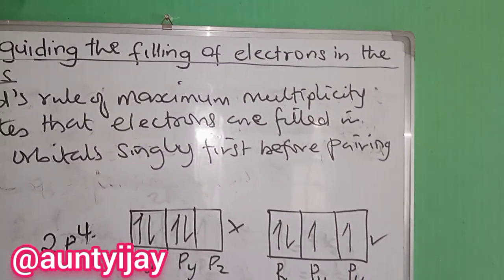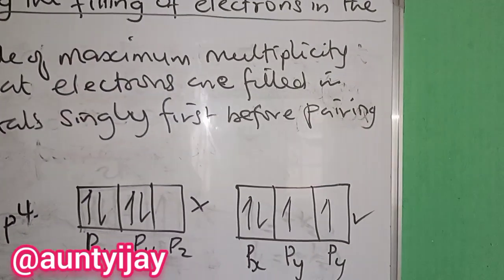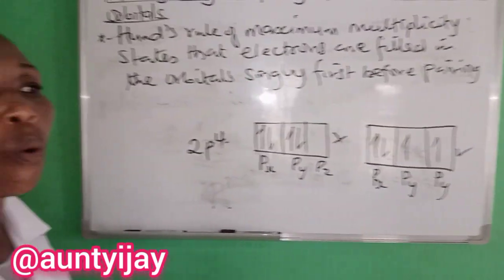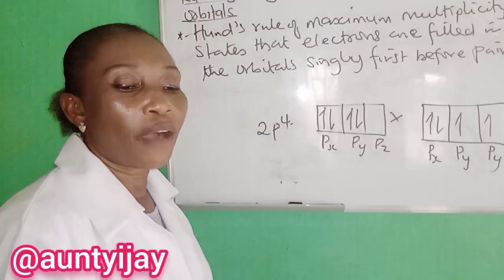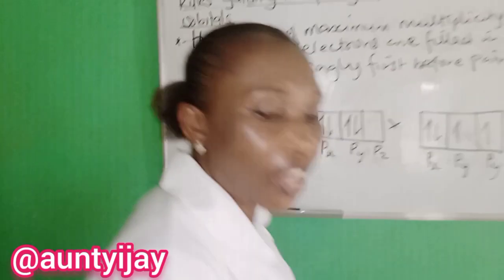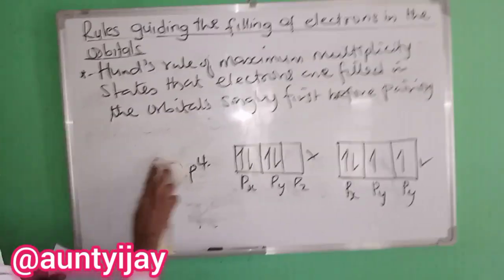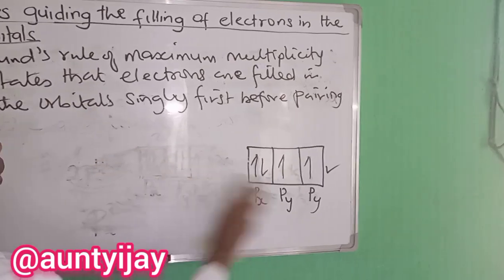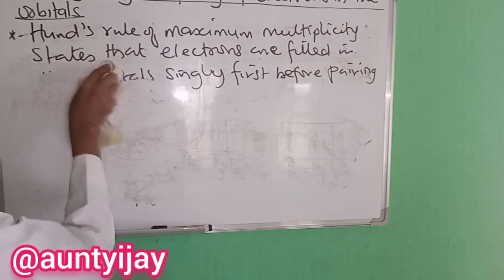Now, we will look at the third principle. The third principle talks about filling orbitals of lower energy before the orbitals of higher energy. I must say that orbitals are not at the same energy level.